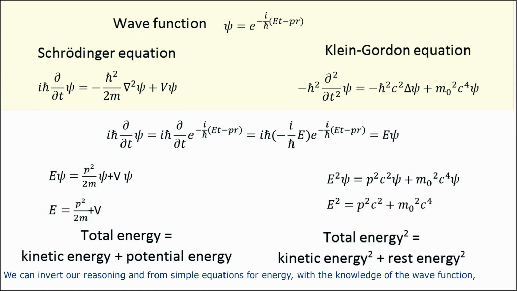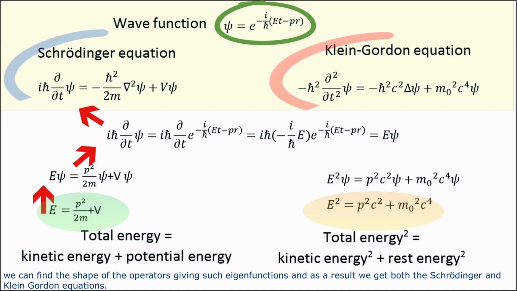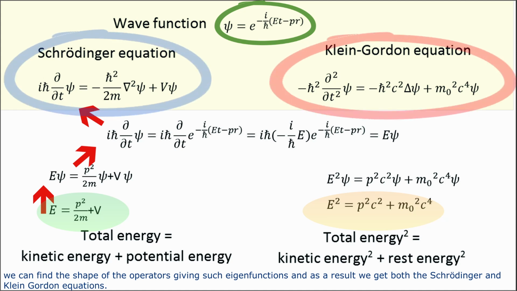We can invert our reasoning, and from simple equations for energy, with the knowledge of the wave function, we can find the shape of the operators, giving such eigenfunctions, and as a result we get both the Schrödinger and Klein-Gordon equations.